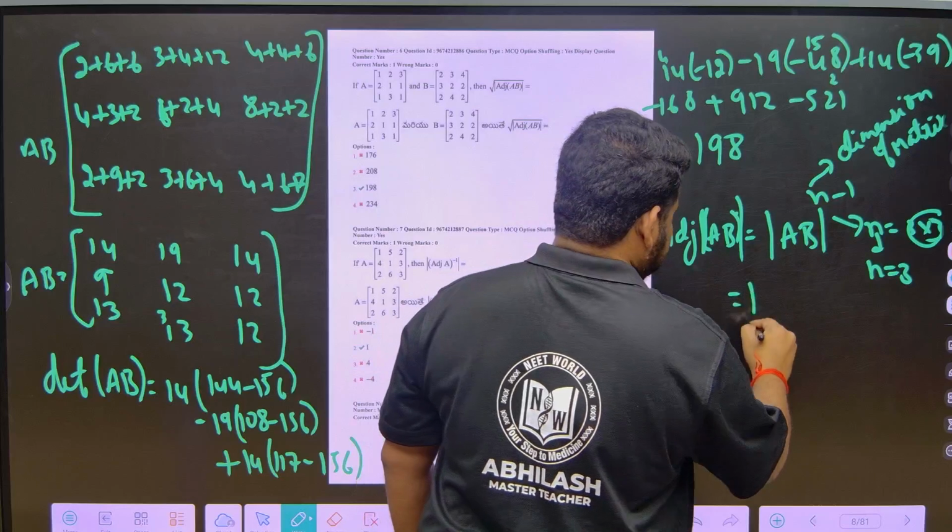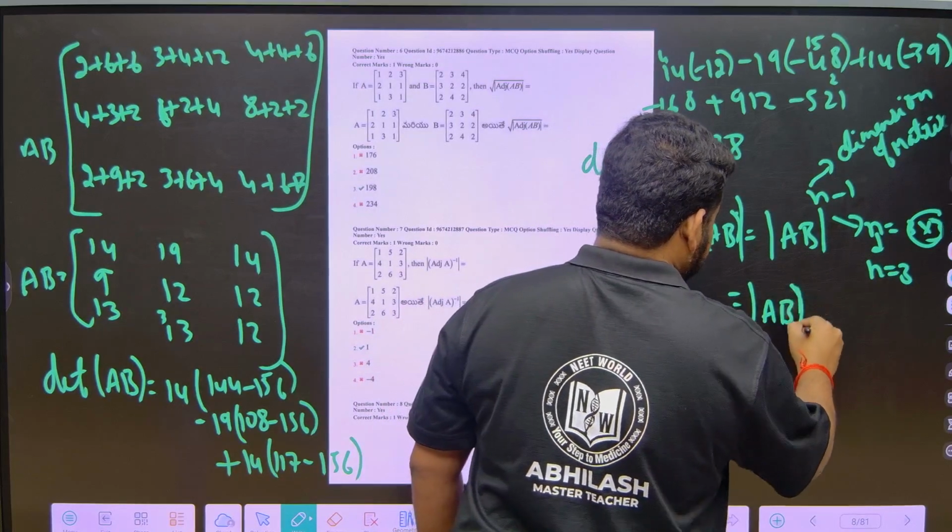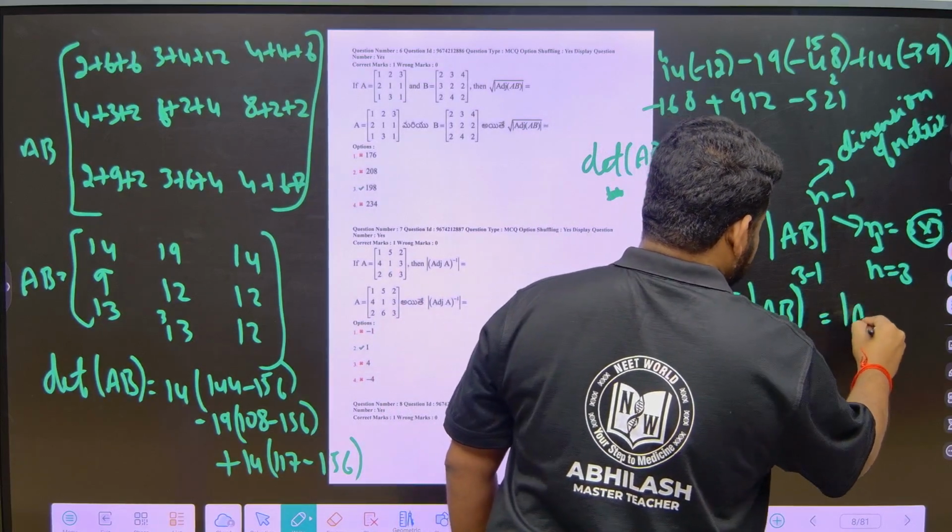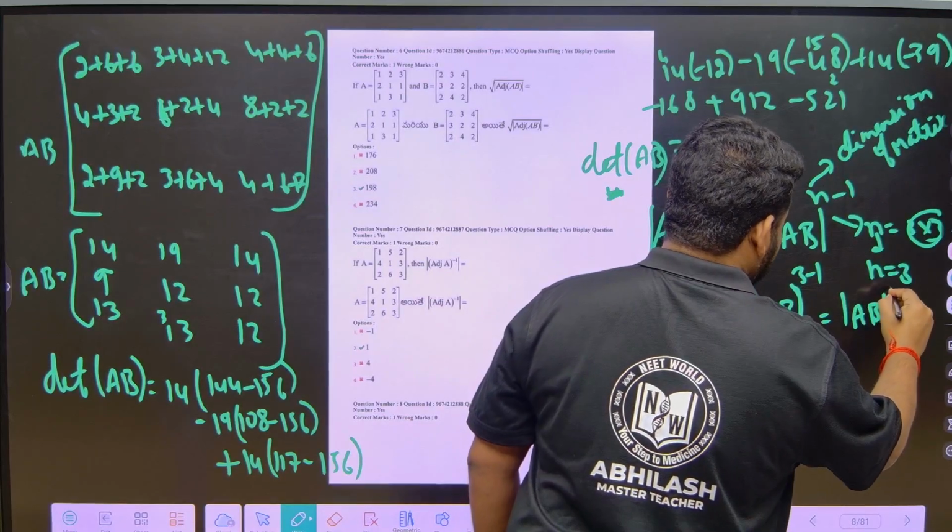So this becomes the determinant of AB to the power of 3 minus 1, that is, determinant of AB whole squared.